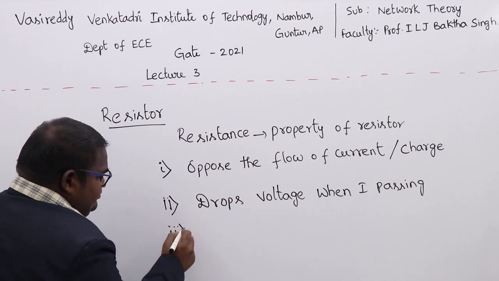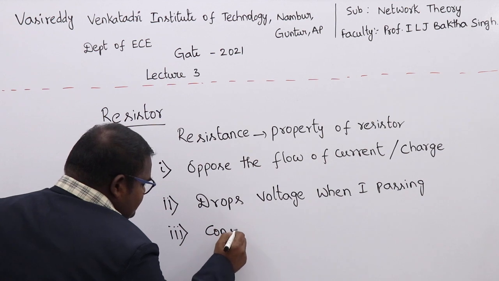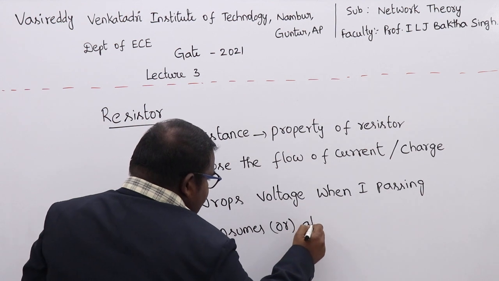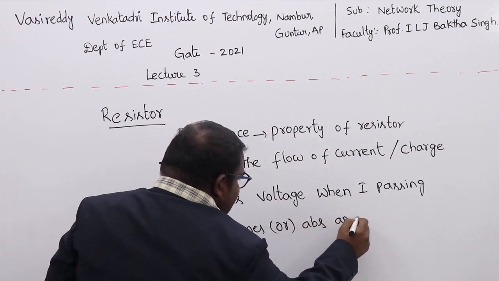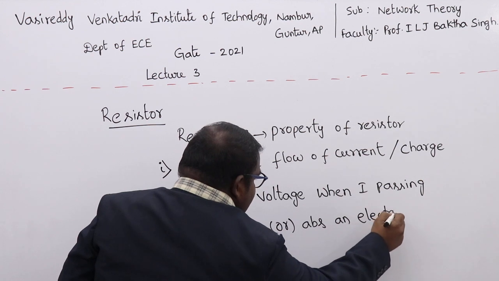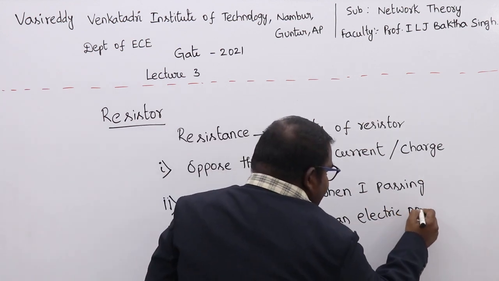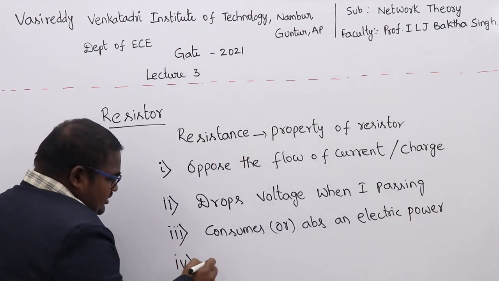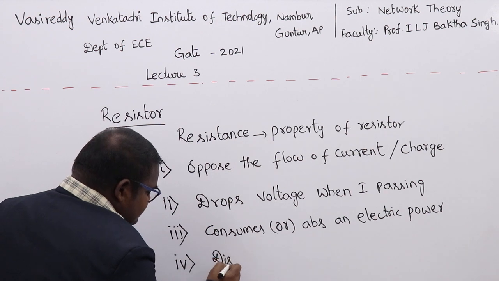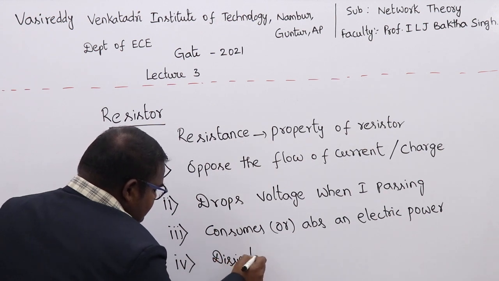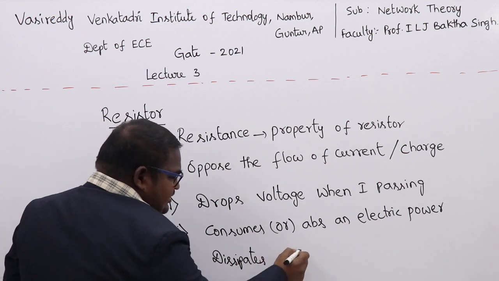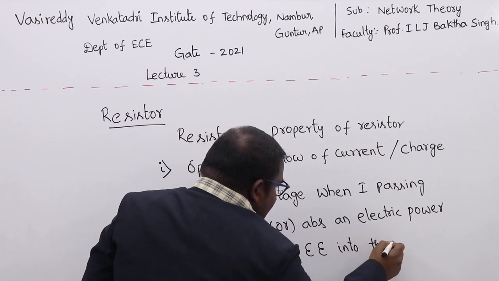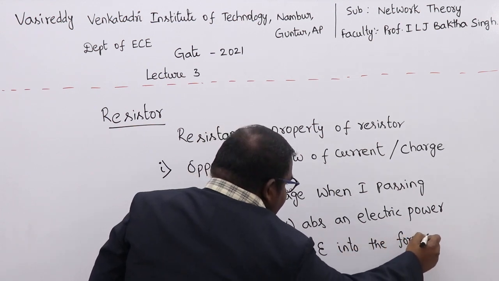The third one is that it consumes or absorbs electric power. The fourth one is that it dissipates electrical energy into the form of heat.